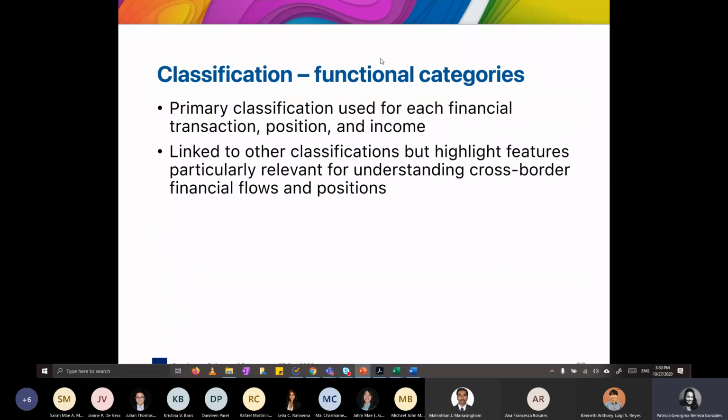So they are linked. However, the choice of functional categories over the others for the BOP is because it highlights some features particularly relevant for understanding cross-border financial flows and positions.